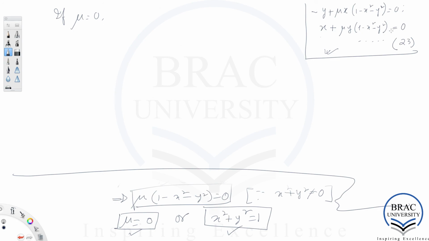Which means that x square plus y square is equal to 1 is not allowed either. What does it mean? It means that there is no equilibrium point of the system except for the origin. So 0, 0 is the only equilibrium point of the system.